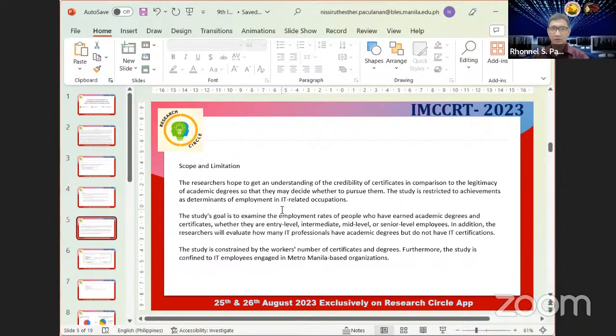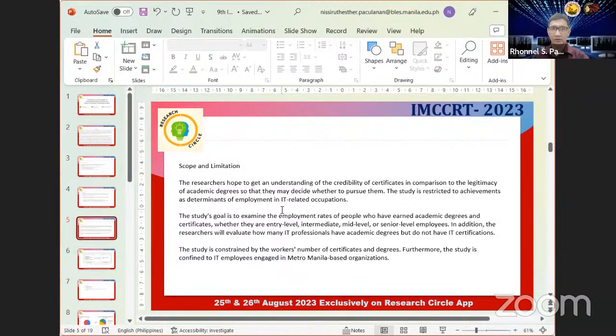As the scope and limitation, the researcher hopes to gain an understanding of the credibility of certification in comparison to the legitimacy of academic degrees so that they may decide whether to pursue them. The study is restricted to achievements and determinants of employment in IT-related occupations.